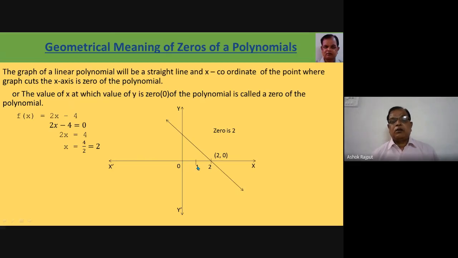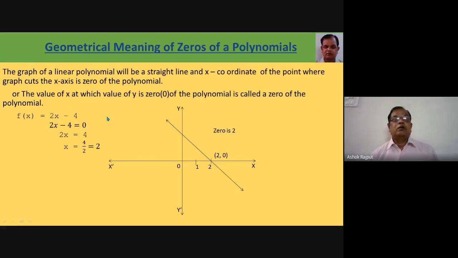Here we mark 1, then 2, because the value of x is 2 and y is 0, so it is a zero of the polynomial. If we are going to find the zero of the polynomial, it has only 1 because its degree is 1 also, and it is a zero because the value of y is 0. So it is 1 zero.